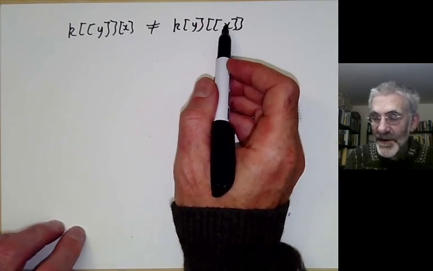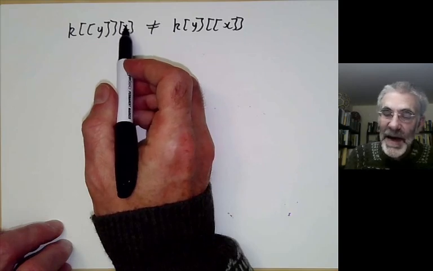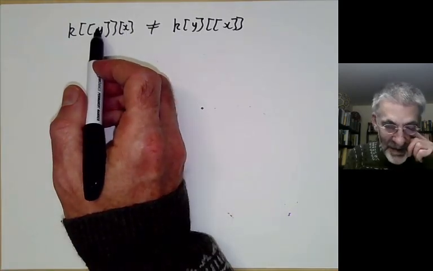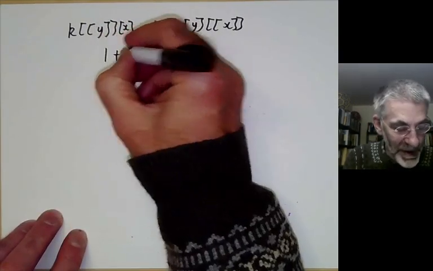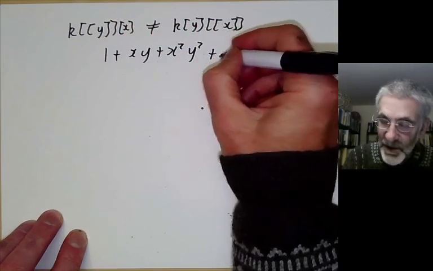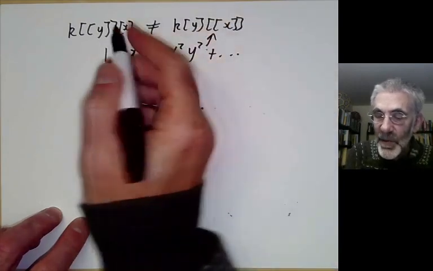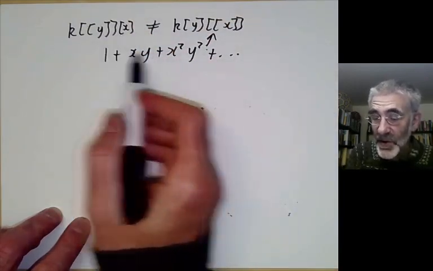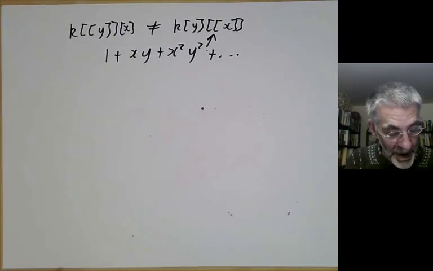So this is formal power series in x whose coefficients are polynomials in y, and this is polynomials in x whose coefficients are formal power series in y. And these kind of sound the same, but for example 1 plus xy plus x squared y squared plus and so on is in one of these rings but not the other. It's in this ring but not in this ring because it's not a polynomial in x, but all its coefficients are polynomials in y.